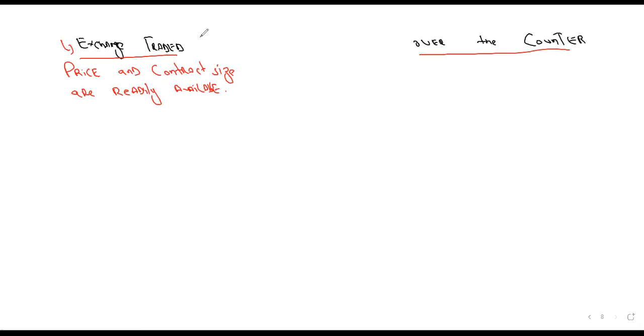American, because they can be exercised anytime before expiry.